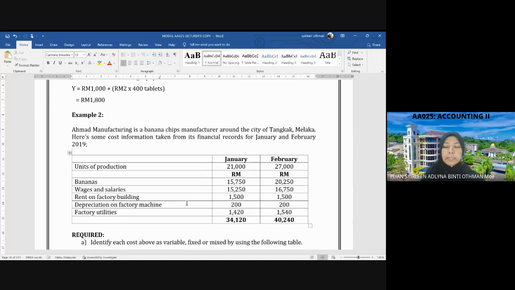So madam kena asing dulu. Lepas tu baru saya boleh segregate my mixed cost. Okay, so you kena identify. Okay, macam mana cara identify? Bukan dengan menghafal. Alright, okay, kita kena kira.